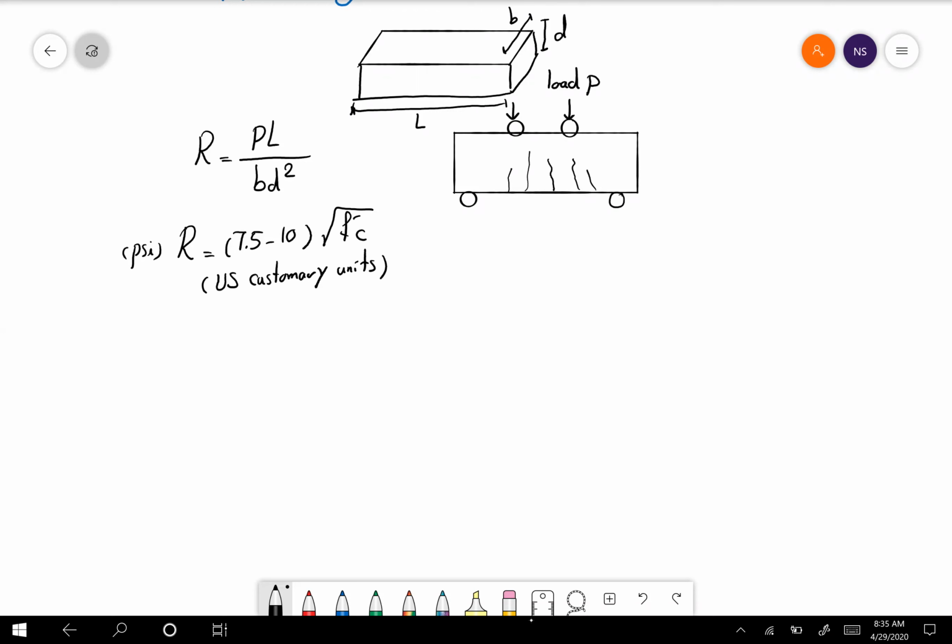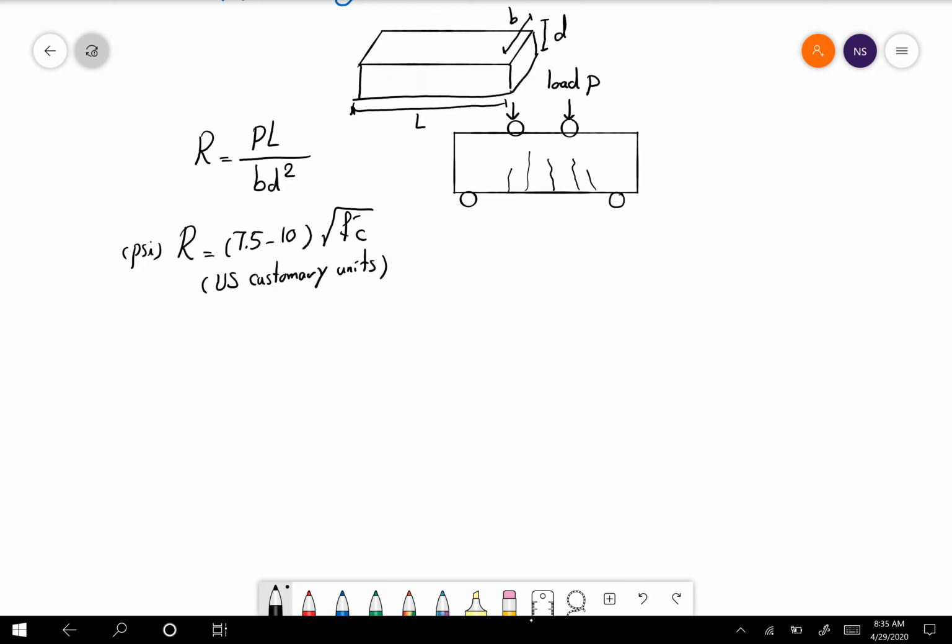So you can estimate the range of the flexural strengths, but the correct way to do this is to follow the ASTM standard to measure that in the lab.